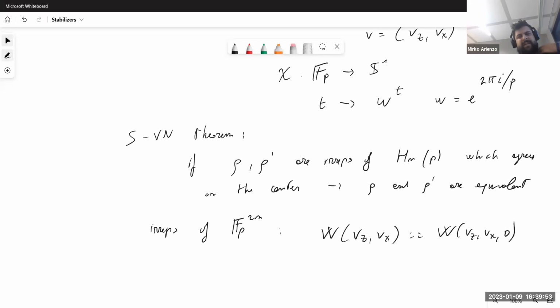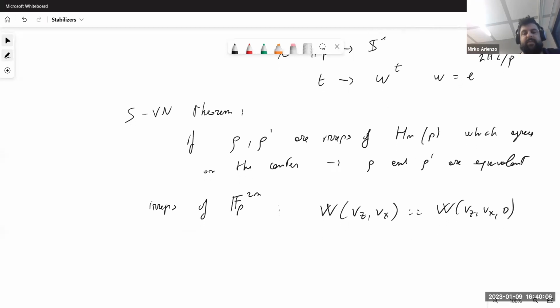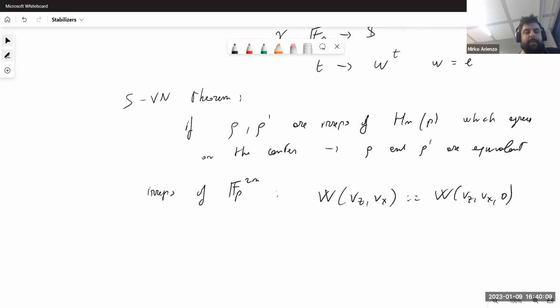The difference when going from the Heisenberg group to the phase space is that these are projective representations, so you don't have a proper homomorphism property. So to say, W of v plus w is only proportional to W of v times W of w.